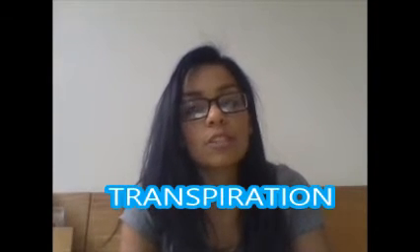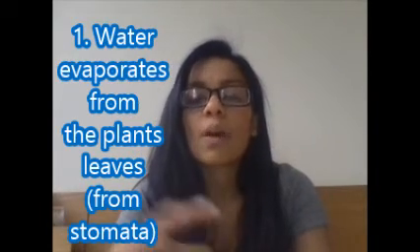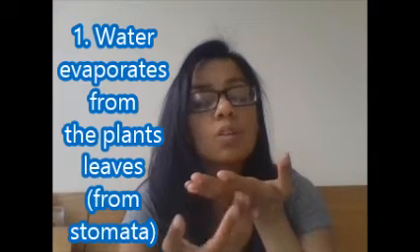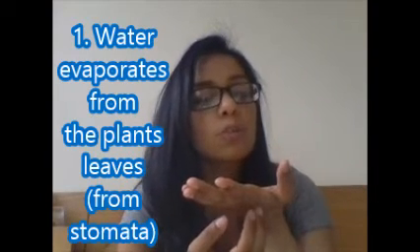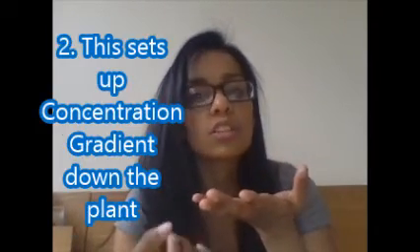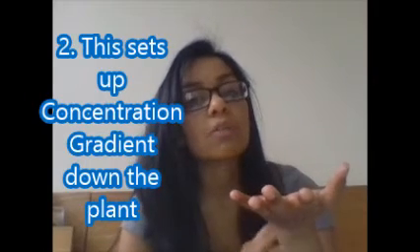What happens in transpiration is that some of the water starts to evaporate from the plant's leaves, and it evaporates from tiny little holes underneath the plant's leaves called the stomata. Okay, and as it evaporates, it creates something called a concentration gradient down the rest of the plant.